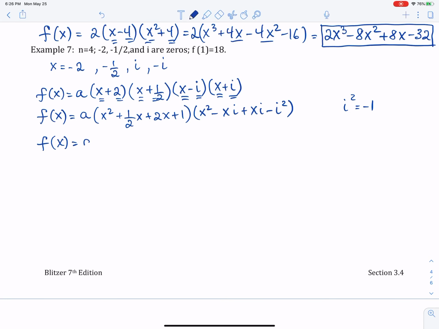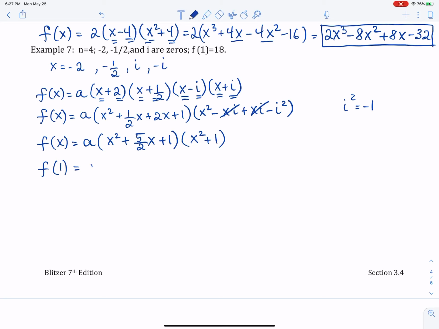f of x is a times x squared plus... now 2x plus 1/2 x, we can write it as a decimal if you prefer. 2 plus 0.5 is 2.5, or we can say that's 5/2 x plus 1, and then x squared minus i squared would be plus 1. Now we can plug in 1 to find how much is a.